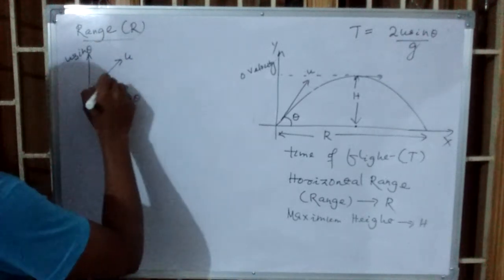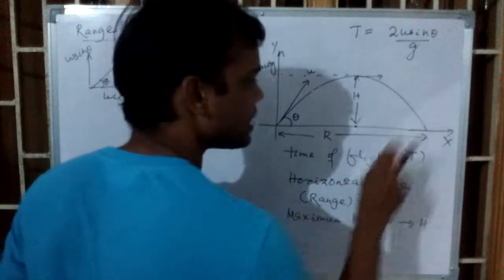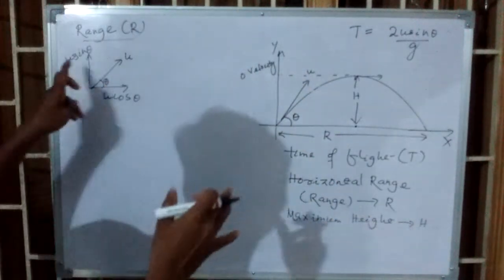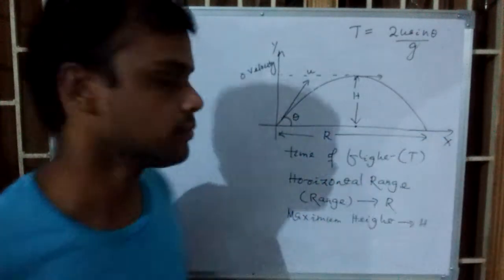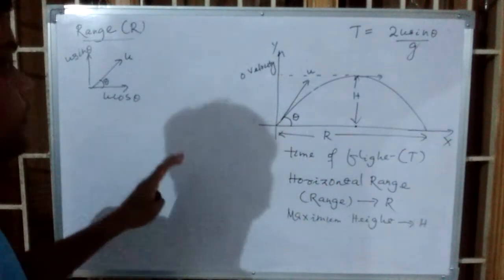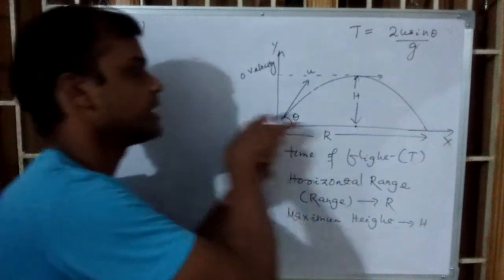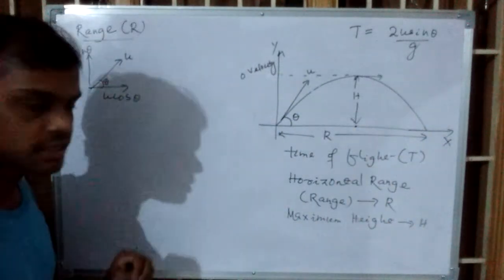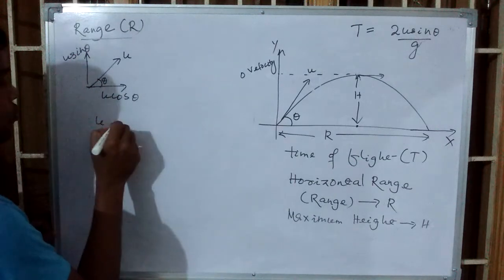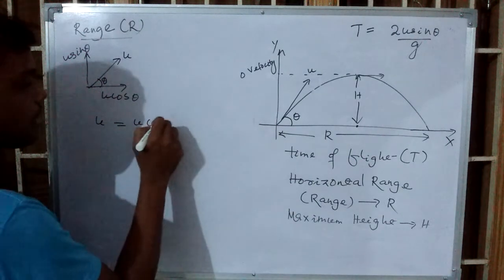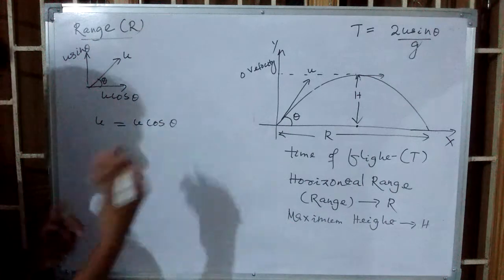First of all, I am going in horizontal direction. That means I have nothing to do with this u sin theta. Everything will be in horizontal direction. So if this direction velocity is u cos theta, then now let me write it. U is equal to u cos theta, because starting velocity is u cos theta.